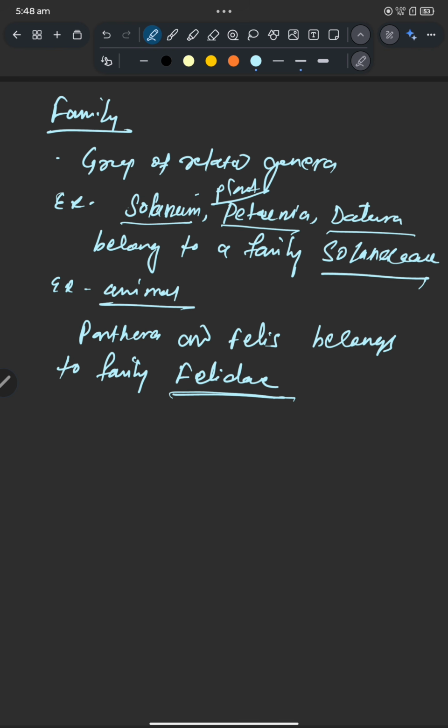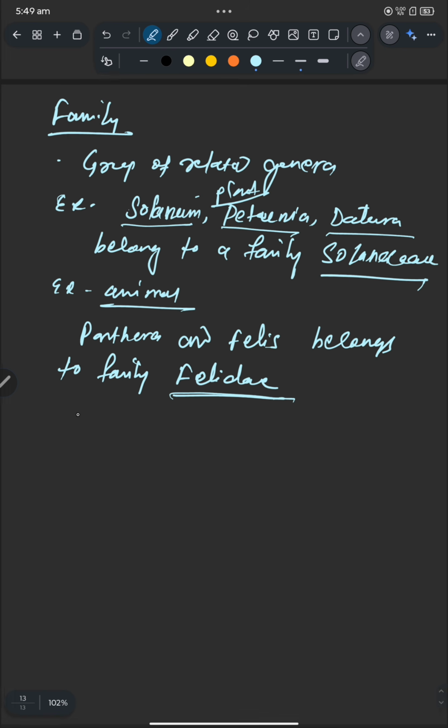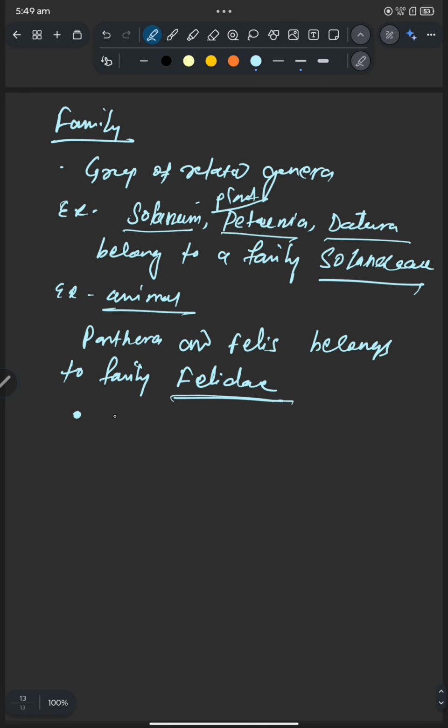Okay, now for example, cat belongs to family Felidae, dog belongs to family Canidae. So whatever is given in your book, I am giving the same, so that no point can be missed. So cat family is Felidae.